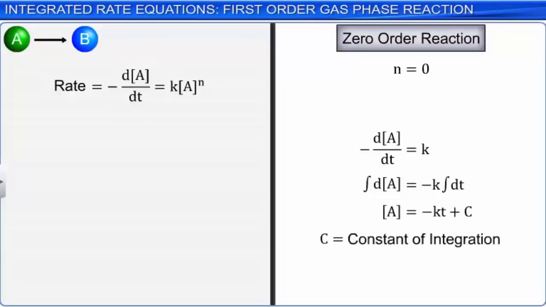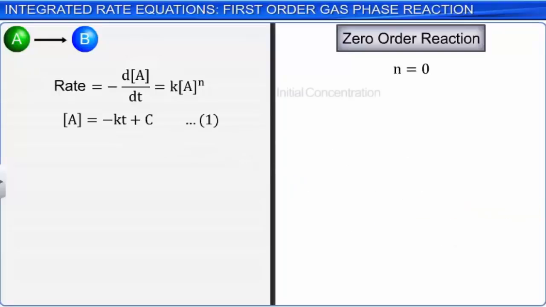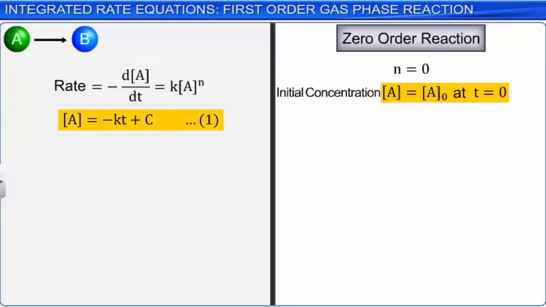Let this be equation 1. Let the initial concentration of reactant A be A0 at time t is equal to 0. Substituting the value of A0 at time t is equal to 0 in equation 1, we get C is equal to A0.